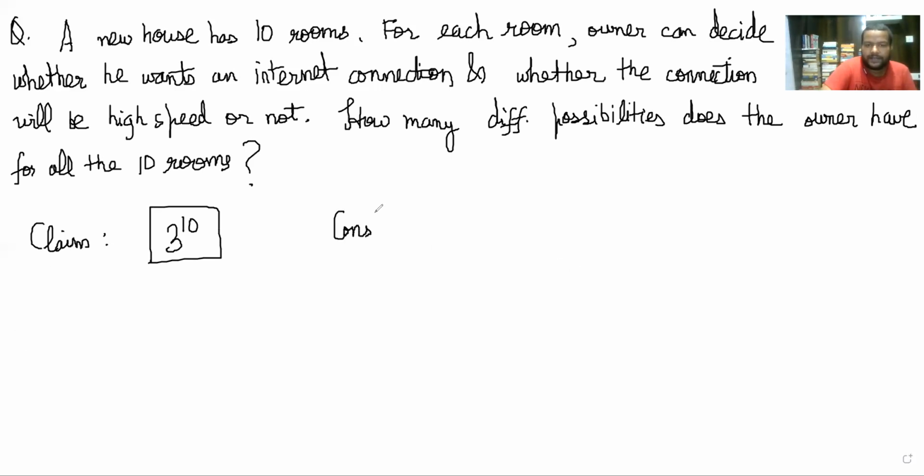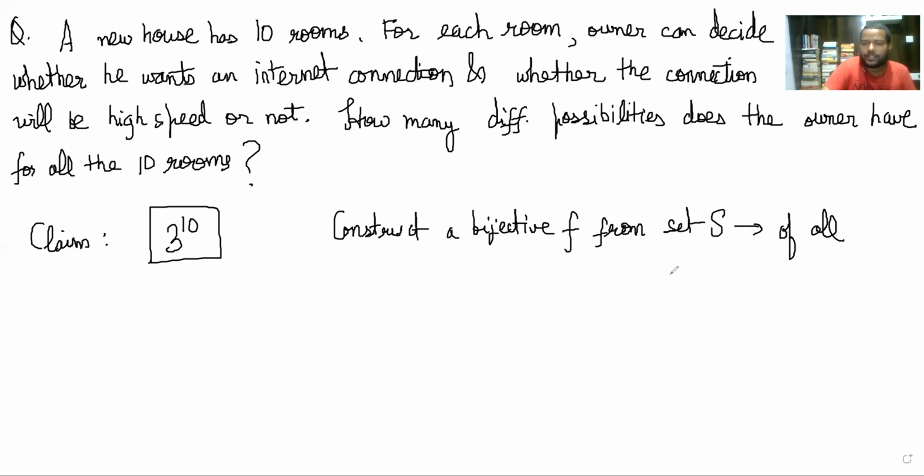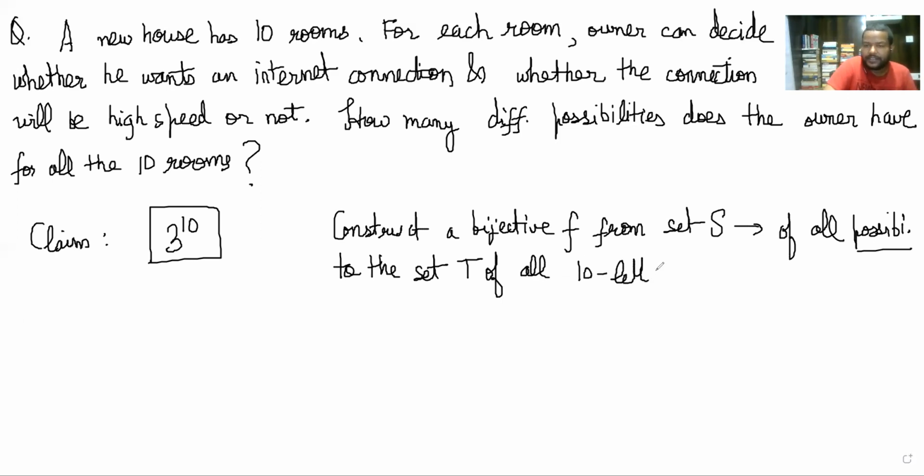So construct a bijective function from set S, which is the set of all possibilities for the 10 rooms, to the set T of all 10-letter words from the alphabet ABC.